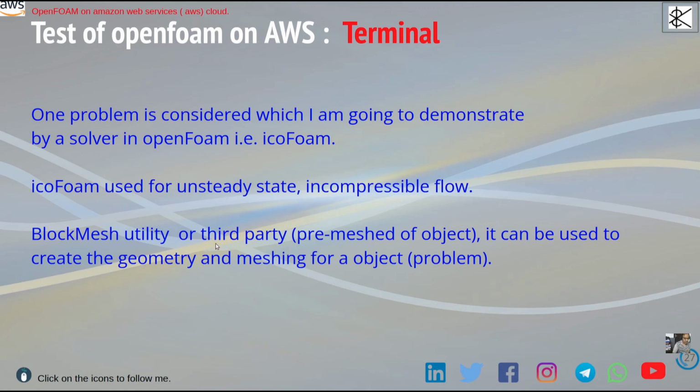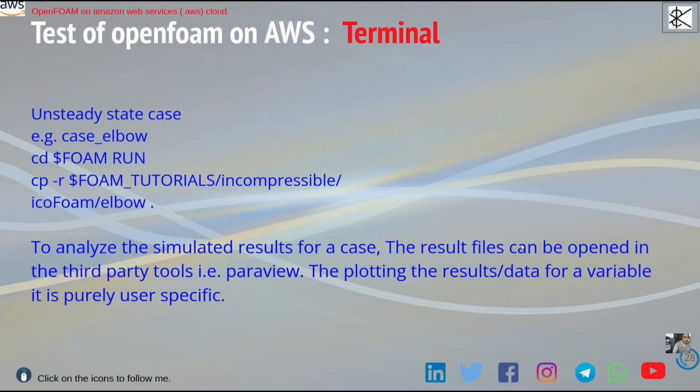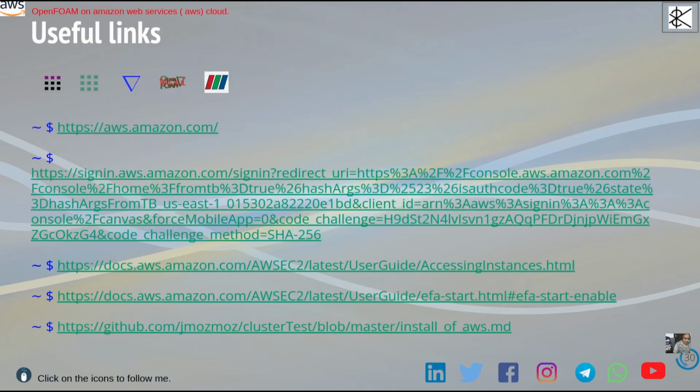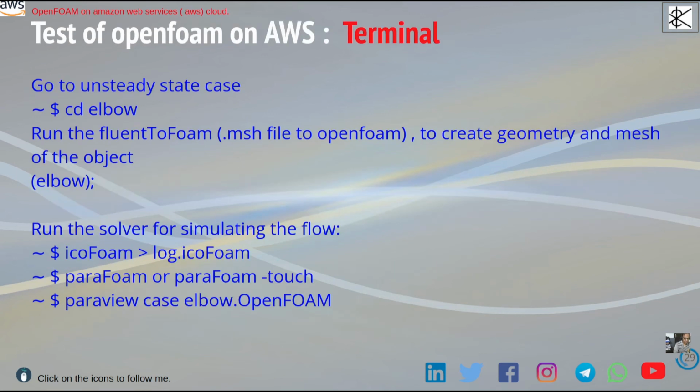The blockMesh utility and third-party pre-meshed objects can be used. The case name is elbow. Just cd into it; I have mentioned the few steps you can follow and analyze to see whether it is working fine or not. I have tested, and it's working fine.